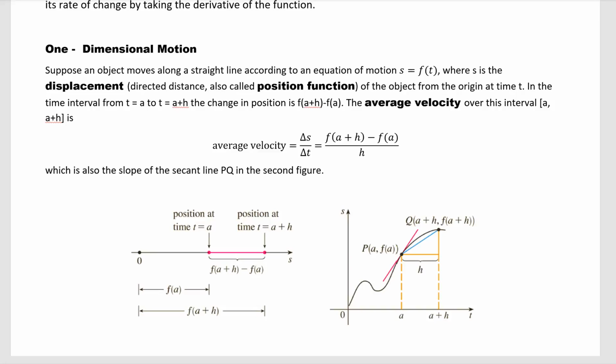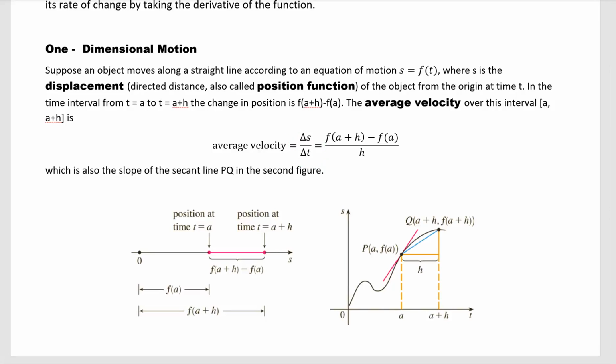And in the time interval from t equals a to t equals a plus h, the change in the position is f of a plus h minus f of a. Then the average velocity over this time interval a to a plus h equals, so we have like the secant line, right? We have change of the displacement over change of time.